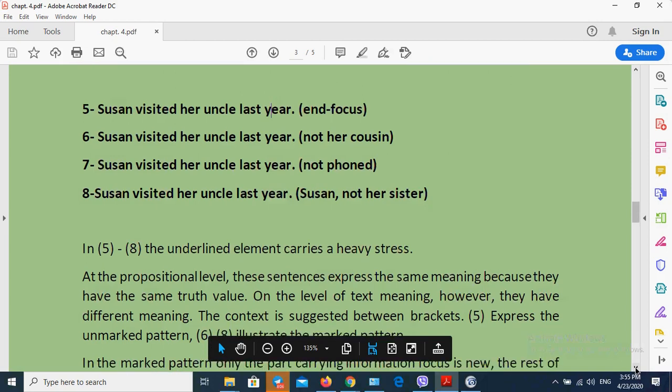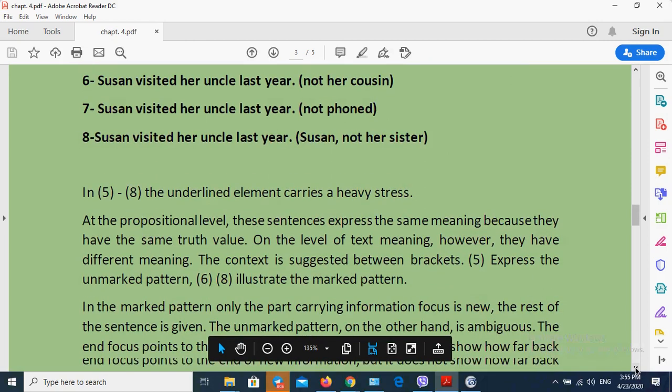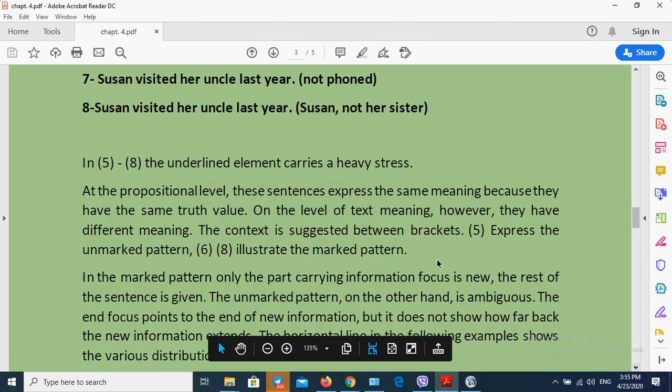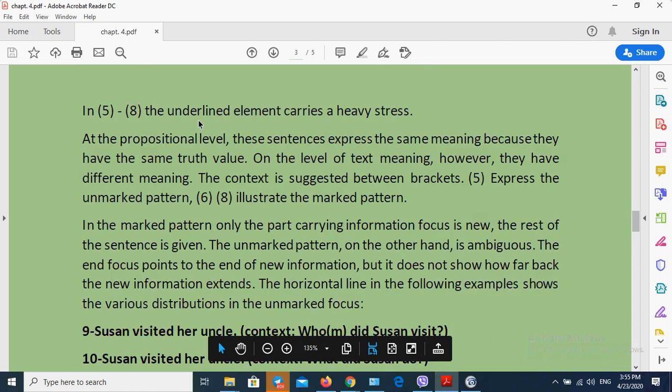Let's move to the next. Here in numbers 5 to 8, the underlined elements carry a heavy stress. At the propositional level, these sentences express the same meaning because they have the same truth value. On the level of text meaning, however, they have different meanings.